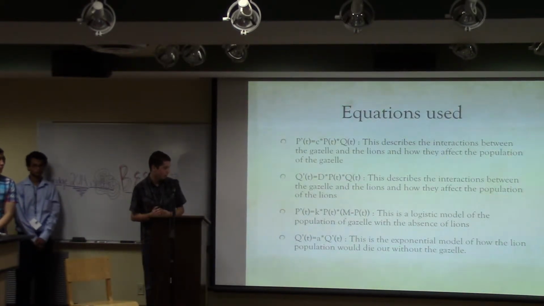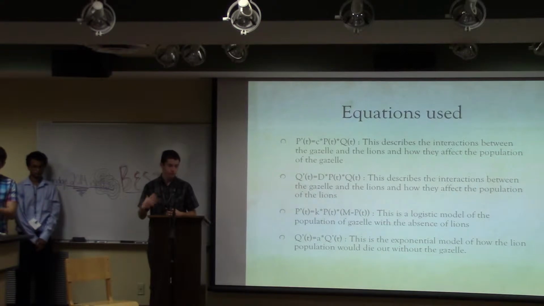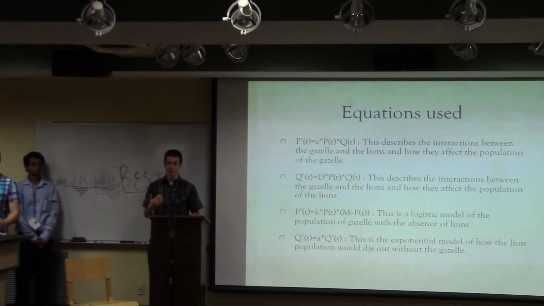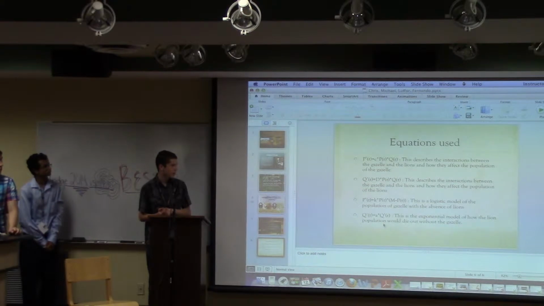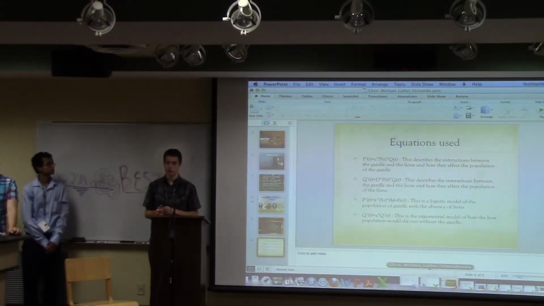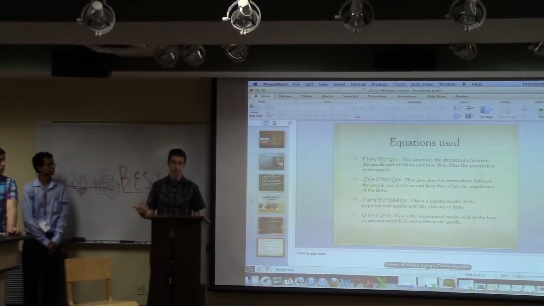And our fourth equation is an exponential model of how the lion population would decrease in the absence of the gazelle. So in order to get the 2 equations that we used to model our system, we had to combine our first and third equations and our second and fourth to represent the lion and gazelle populations.